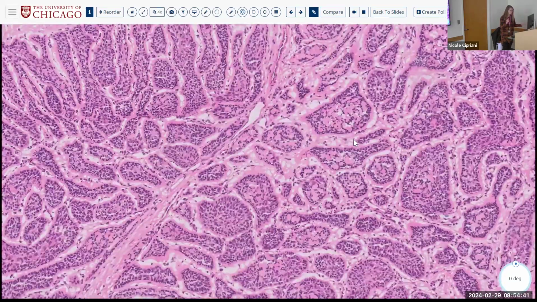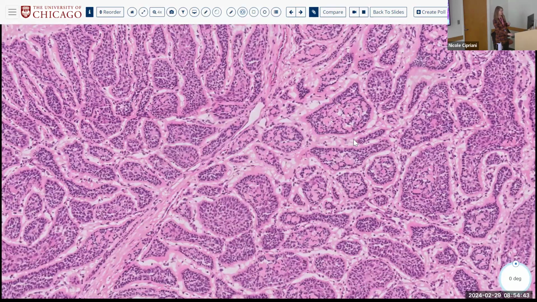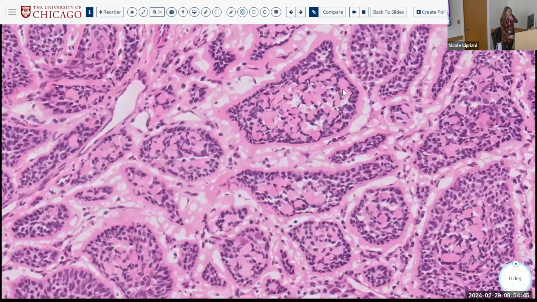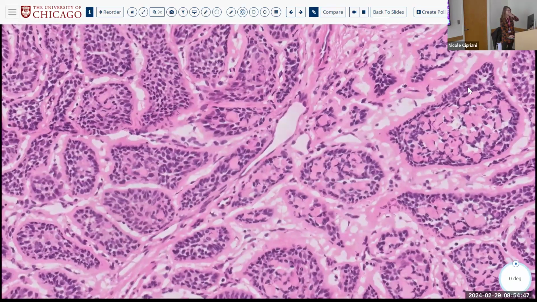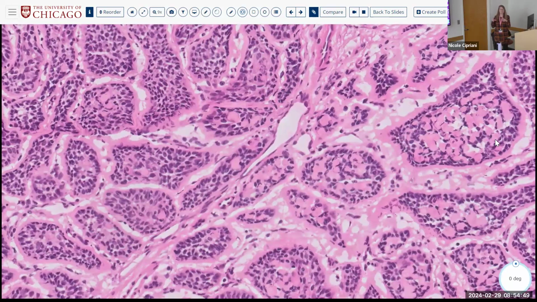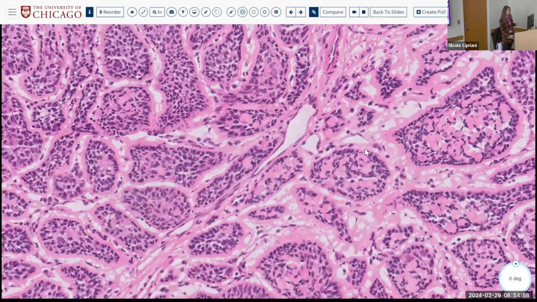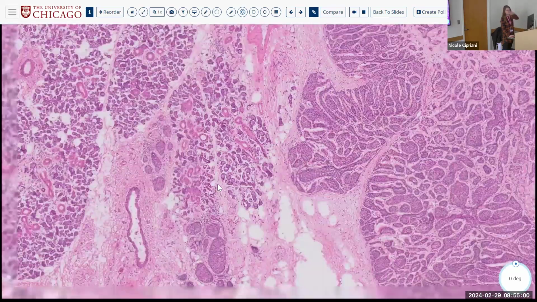So the two features that are the same are these hyaline globules and these hyaline bands around the islands. That is textbook, right? Textbook basal cell neoplasm. So the only way you know that this is a basal cell adenocarcinoma is invasion.